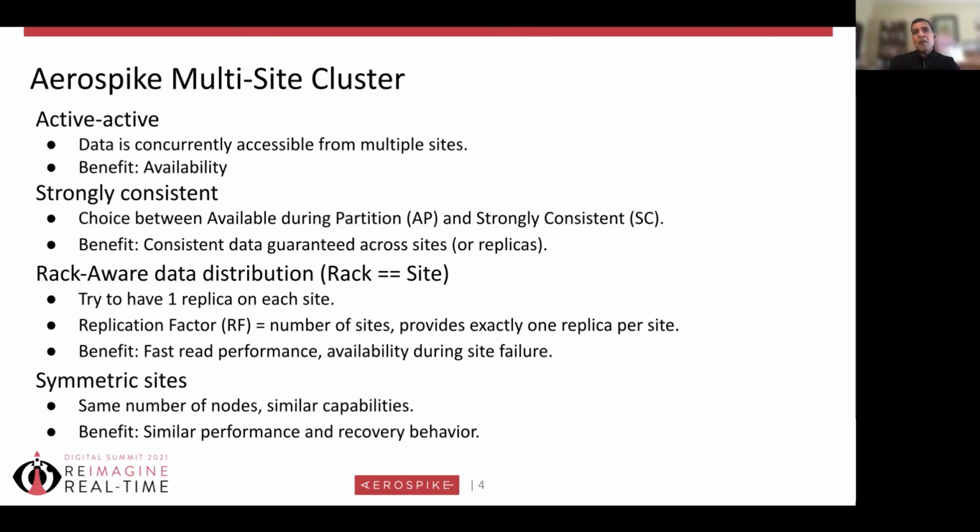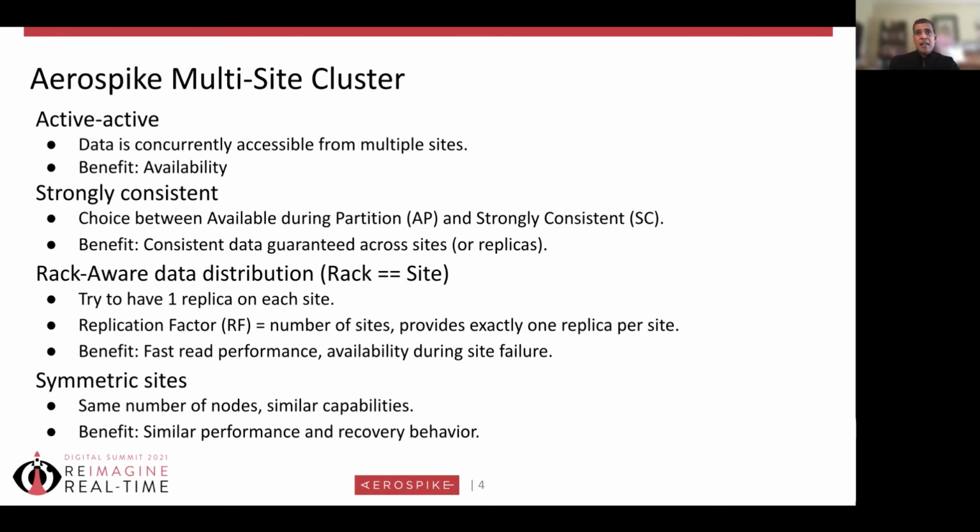And what rack-aware data distribution does is it tries to have one replica on each site. So if you have a replication factor of less than the number of sites, obviously you cannot have a replica per site. But when you have a replication factor equal to the number of sites, it provides exactly one replica per site.